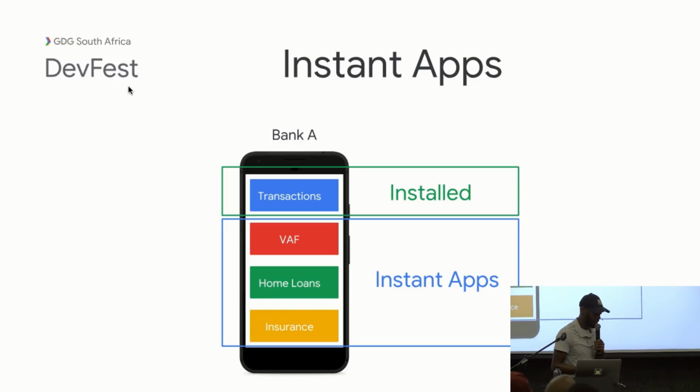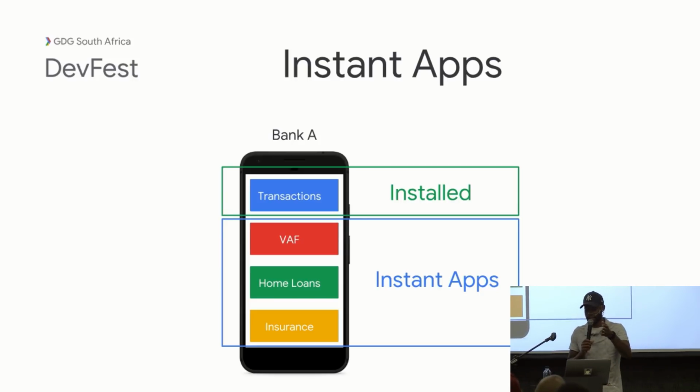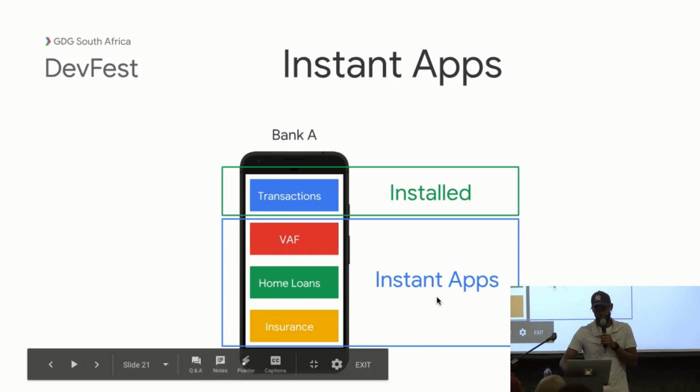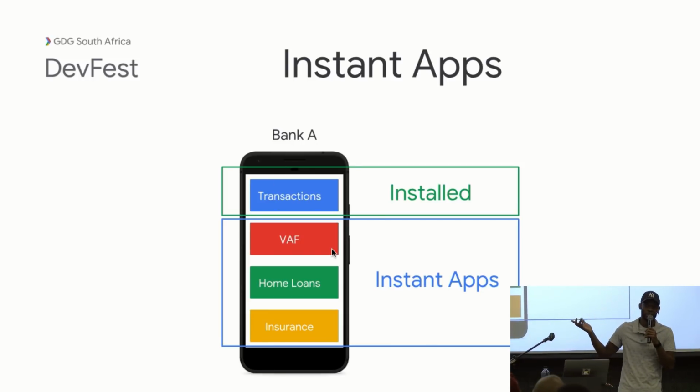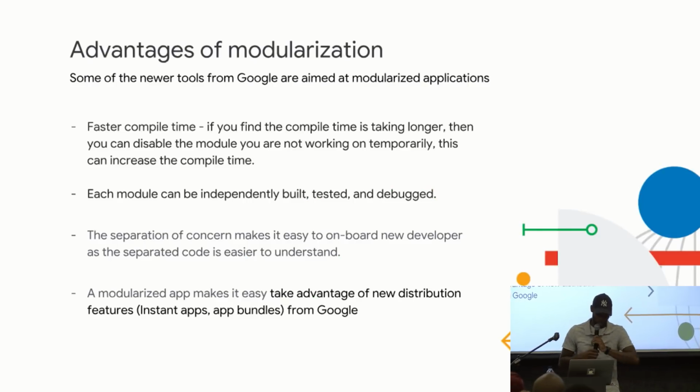So for instance, I'm doing everything with one bank, Bank A. Bank A does not have to make everything installable. All I need is to have transactions installed. Then all of these I can use as instant applications, or I can use as dynamic delivered features, basically. So that's the scenario that I was explaining there.